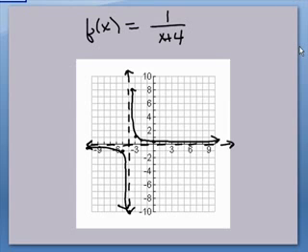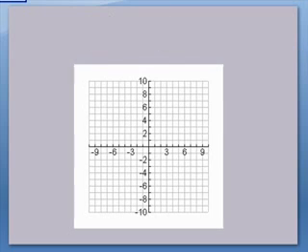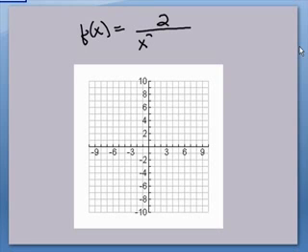All right, for the next one, let's take a look at this function. Let's go with f of x is equal to 2 over x squared minus x minus 6.